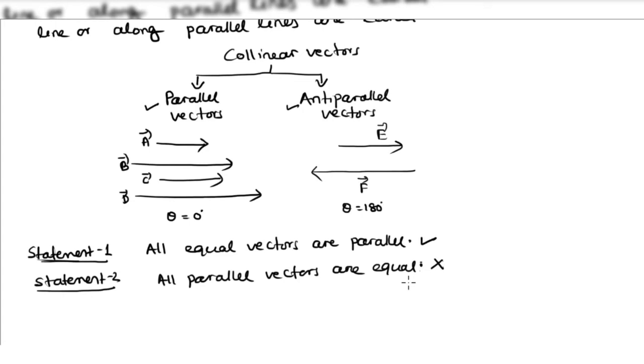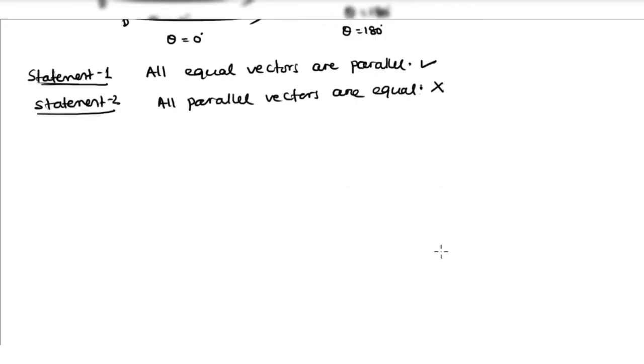So students, I hope that you have understood the meaning of parallel vector and anti-parallel vector. Now we'll discuss another definition, that is coplanar vectors. So what is the meaning of coplanar vectors? Coplanar means common plane.